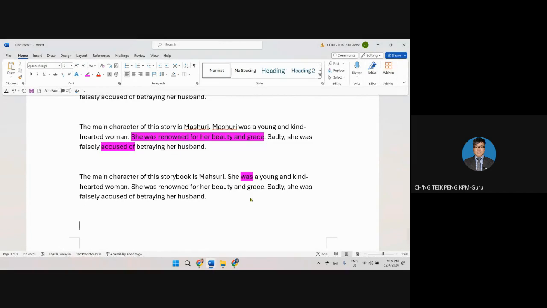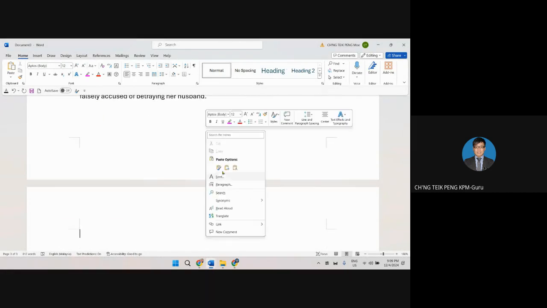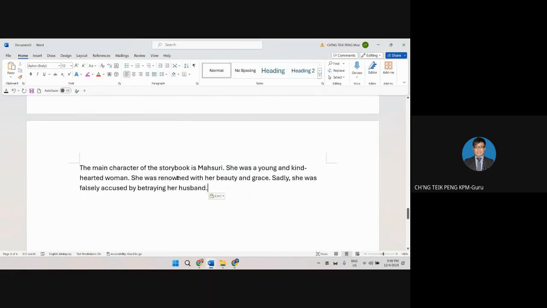Okay, Zhang Yi 的答案。Okay, so the main character of the storybook is Masuri. Was renowned with. It's wrong. Okay, it should be for. Yeah. 它的 collocation 一定要记好好的，知道吗？张一，collocation has to be memorized. She was falsely accused of betraying her husband.